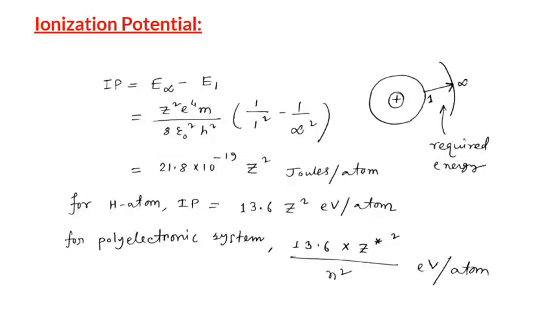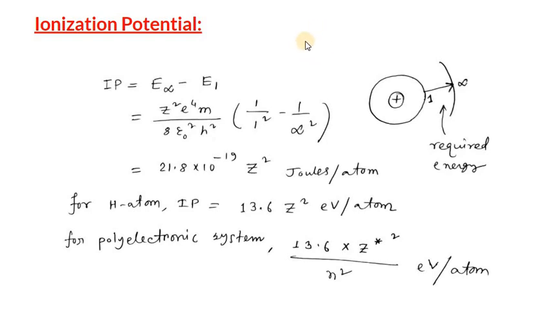Now let's talk about some other things like ionization potential. That is a very important topic because a question came in the IIT examination. So listen carefully. You know what ionization potential is. To calculate the ionization potential for any element, that element should be in gaseous state, and suppose there is an electron in the valence orbital.